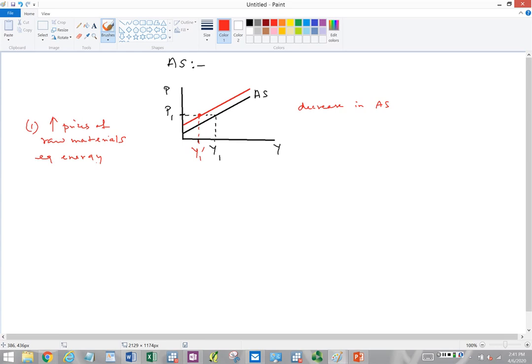So a rise in, say, oil prices might cause firms to reduce their supply of real GDP. How is that? Because higher energy prices would eat away into firms' profits, making it less profitable to produce the old quantity of real GDP. Firms are going to cut back production, right? Because profits have decreased. Why have profits decreased? Because of a rise in the price of raw materials, such as energy, right?